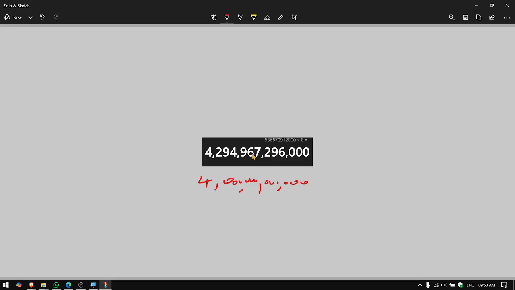It's almost 294 billion difference. So there, 4294 billion. If you get the difference here, it's almost 294 billion. It's a significant one, right? So that is the problem.